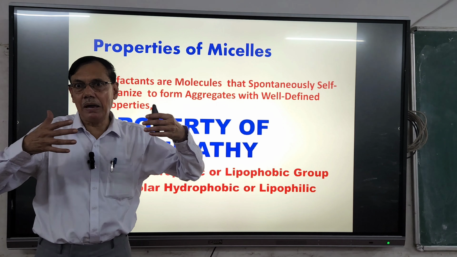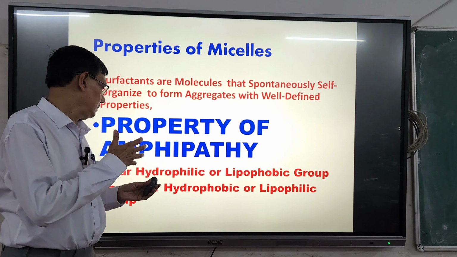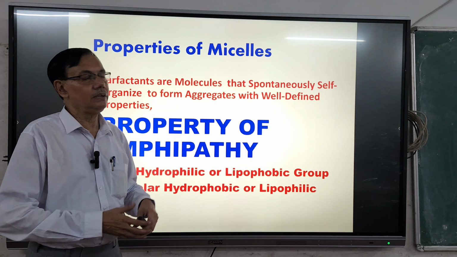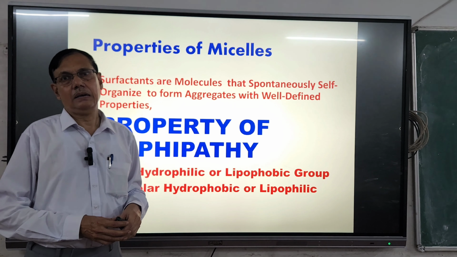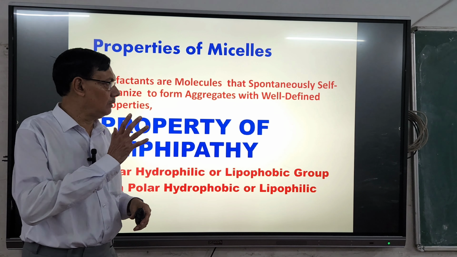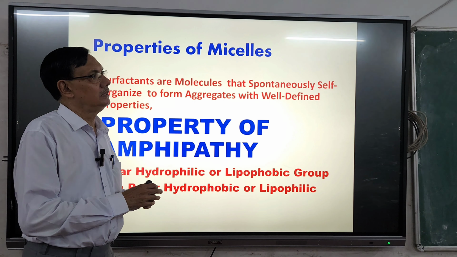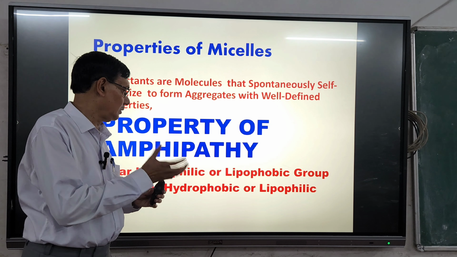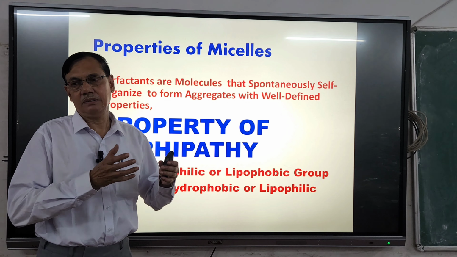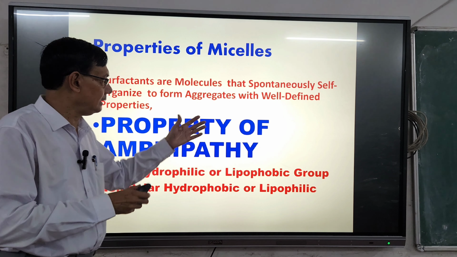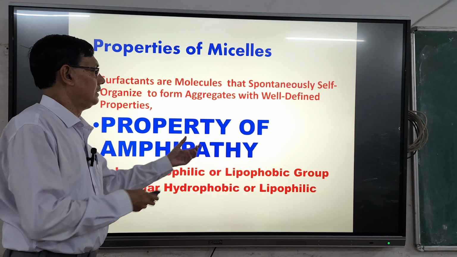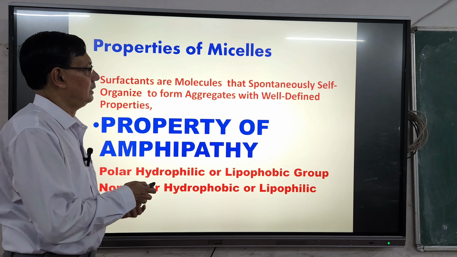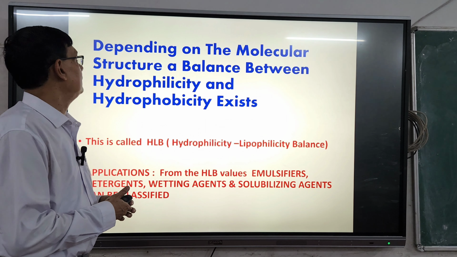So there must be a balance between the hydrophilic and lipophilic groups, and with the help of this HLB value, you can identify the degree of hydrophobicity or hydrophilicity. What are the important roles of these things? That is actually called amphipathy, because of the cationic group as well as the others; I'll show you these things.